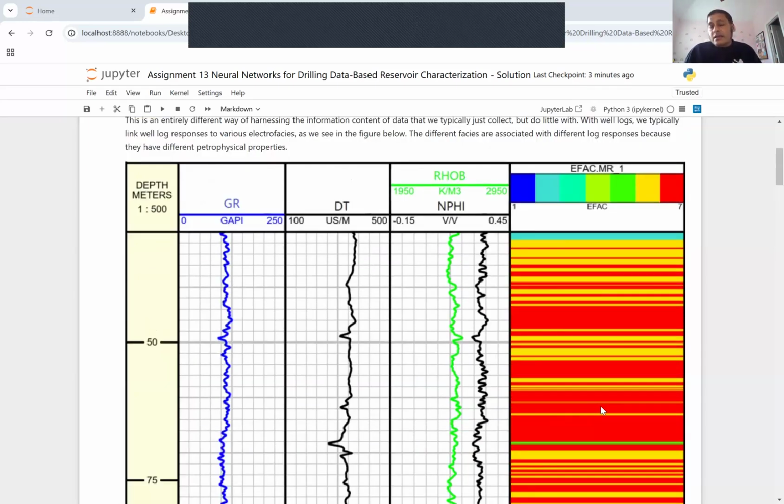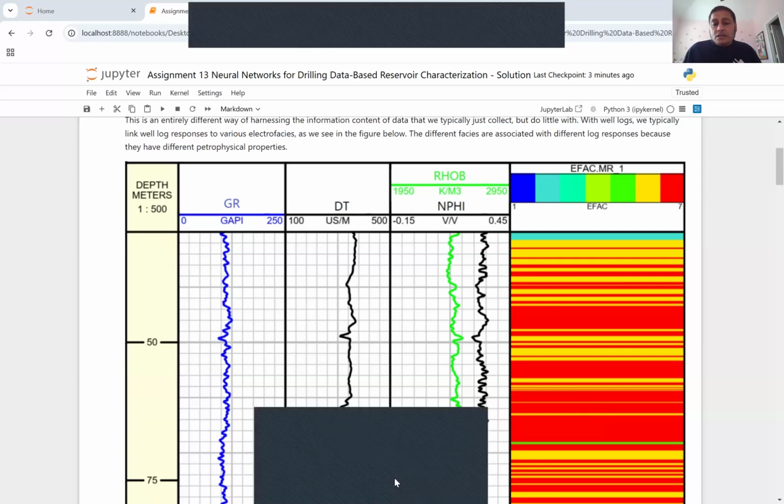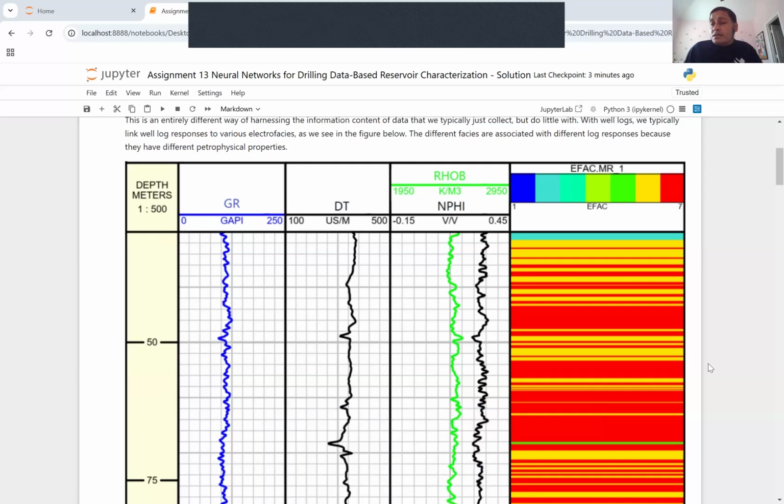And in principle, the answer is yes, because when we are talking about surface drilling data, we are talking about measurements or calculated values like rate of penetration, weight on bit, torque, RPM, and other quantities. And those quantities are essentially manifestations of what the bit is doing as it is drilling through the rock.